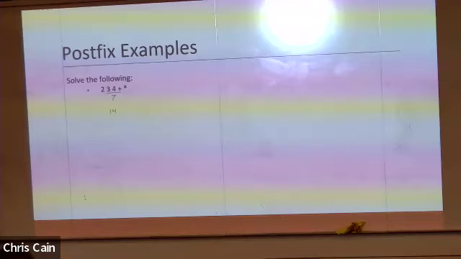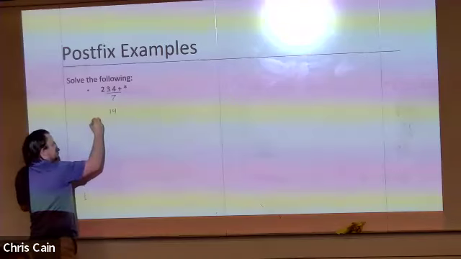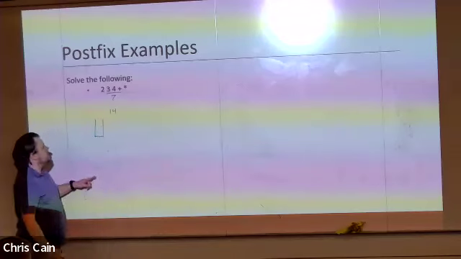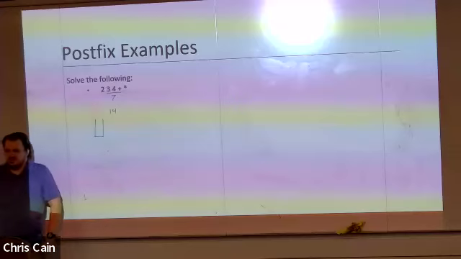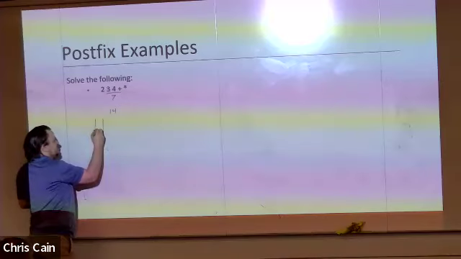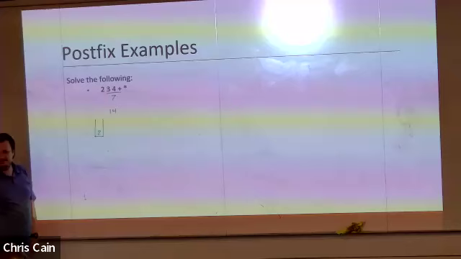So we can think of this kind of like how we've thought about a stack, because a stack is exactly how this is going to get evaluated. You can imagine that there is a stack here keeping track of everything that we have seen so far. When we see a number, you're just going to push the number onto the stack. So we see a 2, 2 goes on the stack.